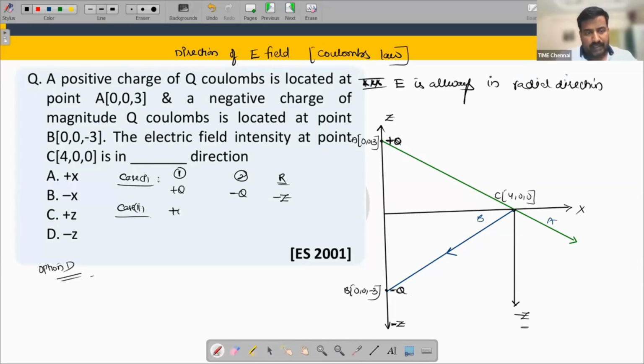If I consider both the charges to be positive, can someone tell me the resultant direction?